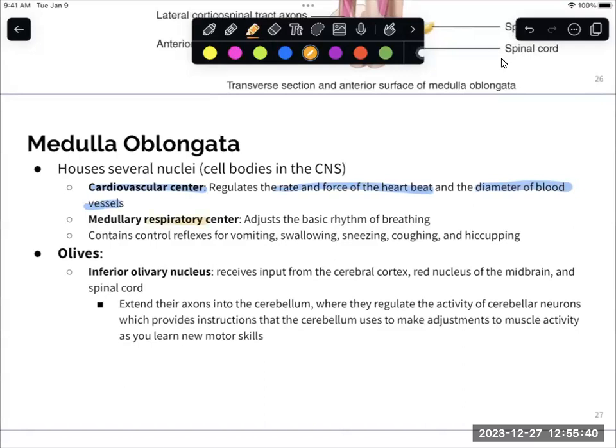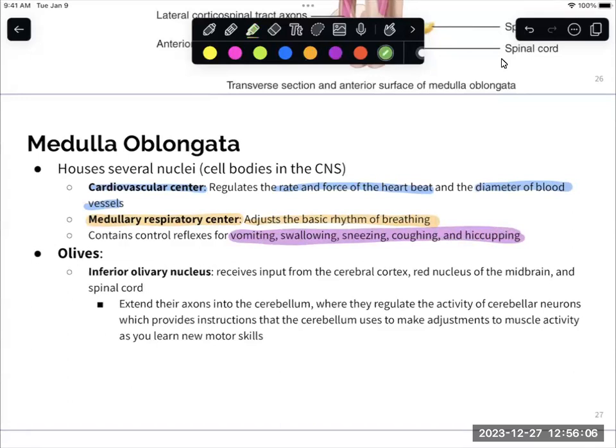We have a respiratory center known specifically as the medullary respiratory center. This is the area that makes adjustments to your normal breathing pattern. We have reflex centers for vomiting, swallowing, sneezing, coughing, and hiccuping, all found in the medulla.